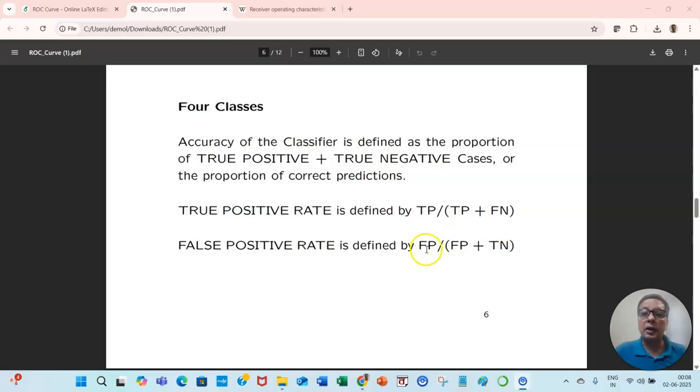So we are predicting negative. This is the probability of wrong negative predictions, which is the false positive rate.